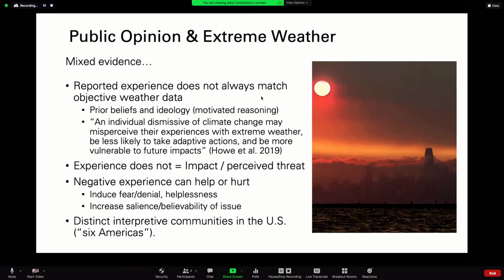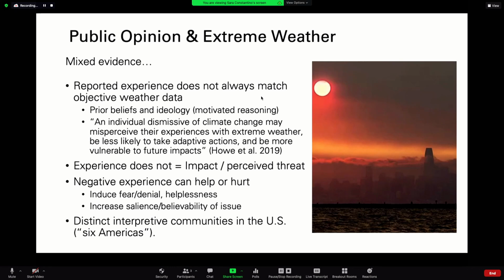So this literature reports mixed results. Subjective experience doesn't always match the objective weather data. Prior beliefs and ideology can color that information.